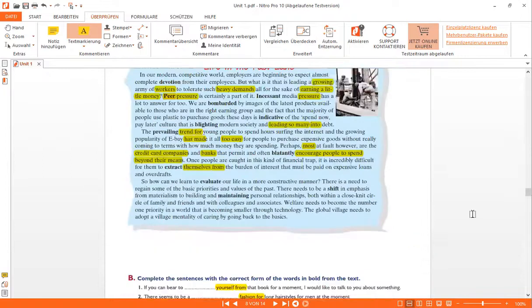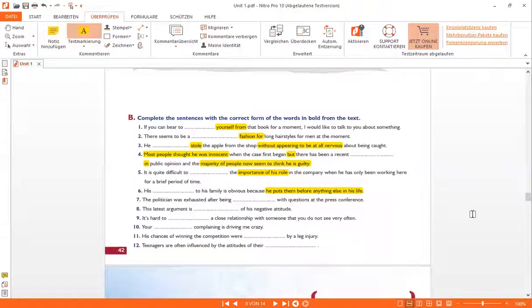And number 5, it is quite difficult to judge the importance of his role in the company when he has only been working here. The word that comes closest to the importance of his role is evaluate. Okay, evaluate or assess something.